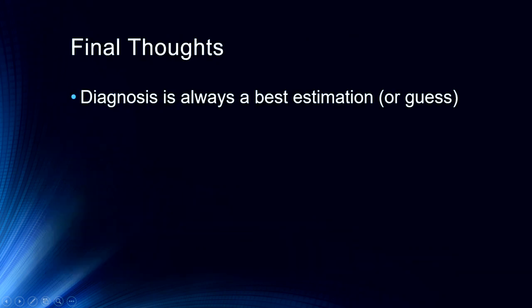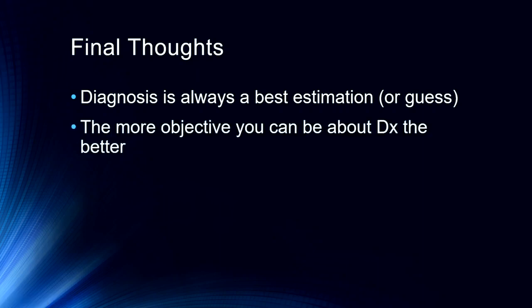Some final thoughts on this. Diagnosis is always a best estimation or guess, as we might say. And that's kind of a problem because we're relying on information from a variety of people. We're relying on people's memories. The more objective you can be about a diagnosis, the better. And so I think that's really important.